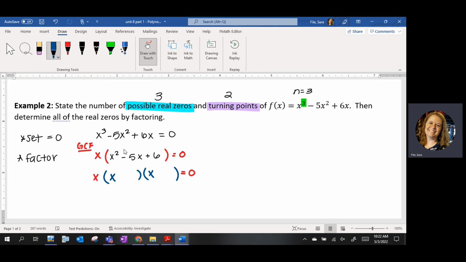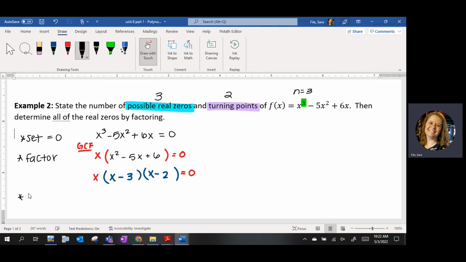Since the middle term is negative, I know it must be negatives. A negative times a negative gives me the plus, and the negative plus the negative gives me the negative. So what multiplies to positive 6 but adds to negative 5? It's got to be 3 and 2 since they're the same sign. If I did 6 and 1, that would have been negative 7. That wouldn't have worked. So now I've got it completely factored.